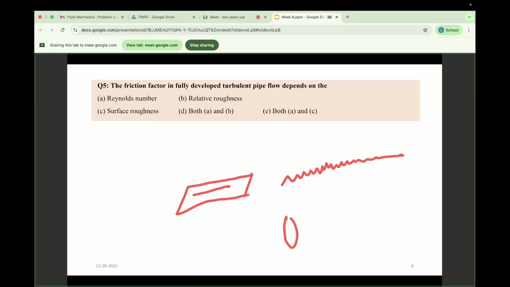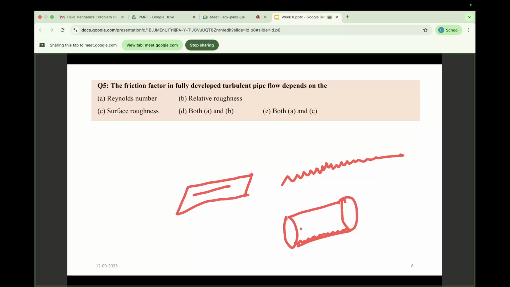So in the case of turbulent flow, if this is the tube, there is this roughness. But if you increase the size of the tube, the roughness stays the same.